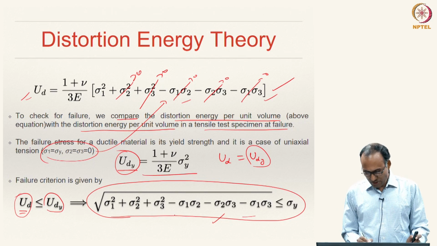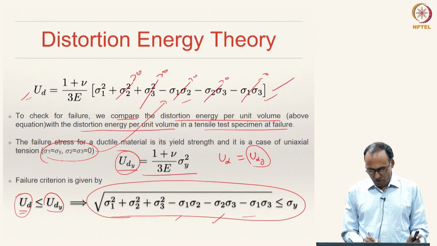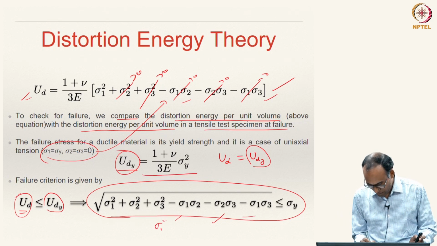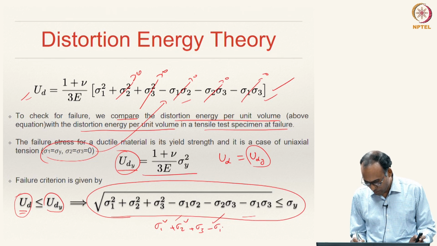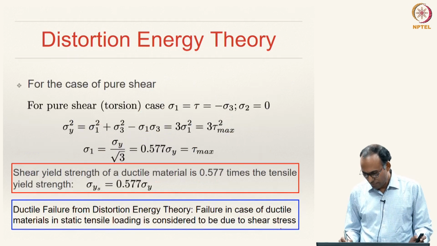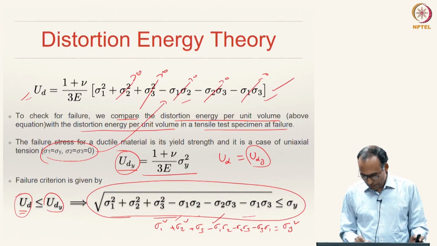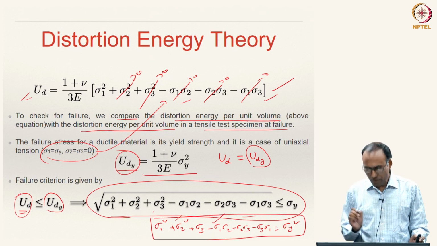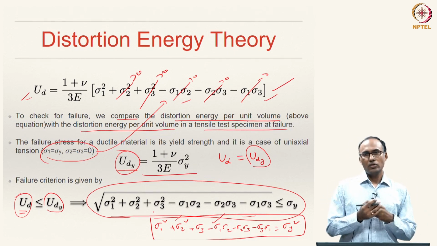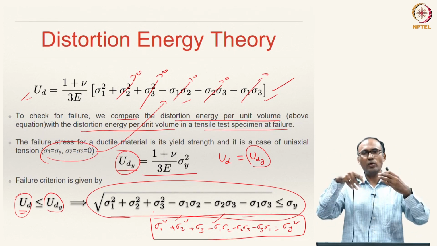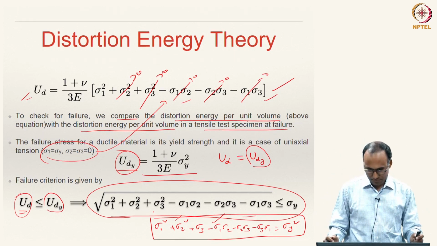If you write this expression as sigma 1 squared plus sigma 2 squared plus sigma 3 squared minus sigma 1 sigma 2 minus sigma 2 sigma 3 minus sigma 3 sigma 1 equal to sigma y squared, that represents the boundary of your failure surface. Within that boundary your material is safe; outside the boundary or on the boundary the material is unsafe.